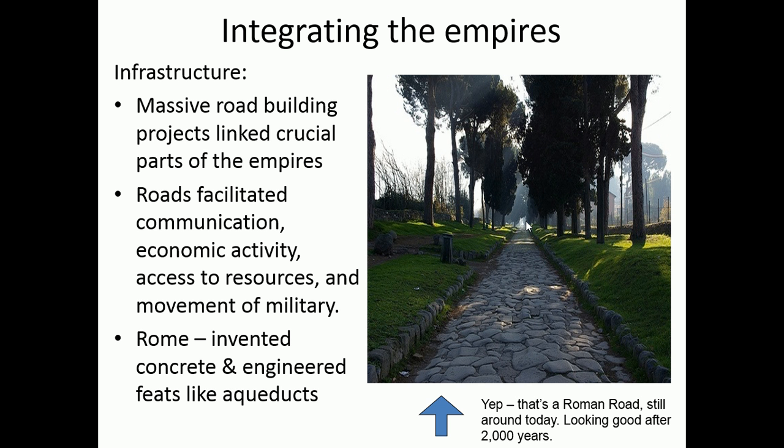And there are some aqueducts that are still actually around and functional today. So it's just a way to make sure that the cities and the farmland are able to get water easily. And an empire, because it's unified, large, and has a big tax base, is really able to pull off these kinds of massive infrastructure projects for the first time in world history.